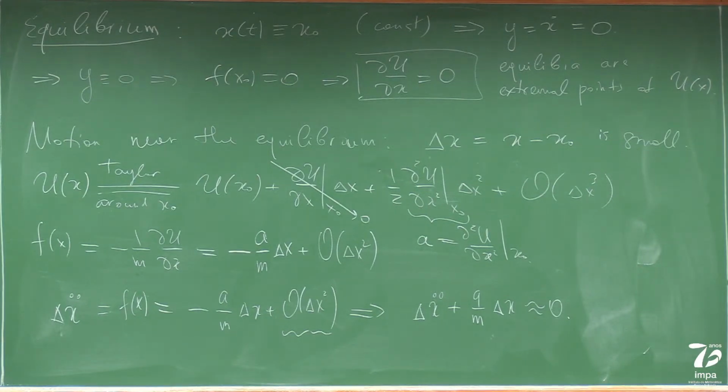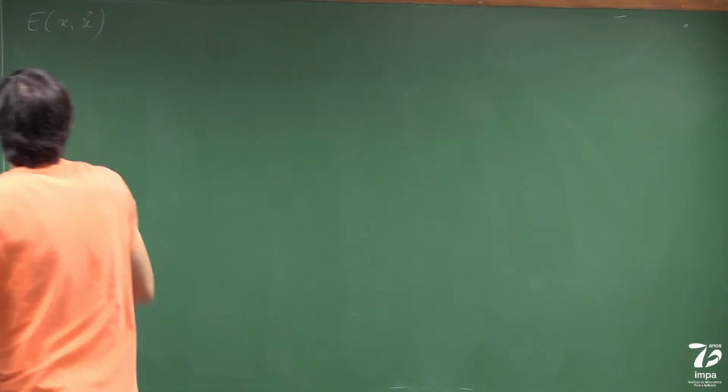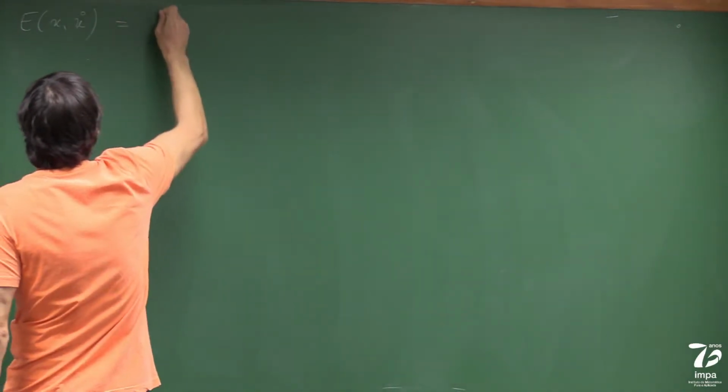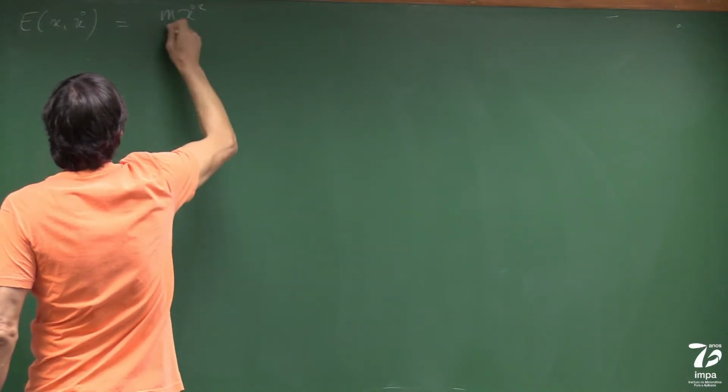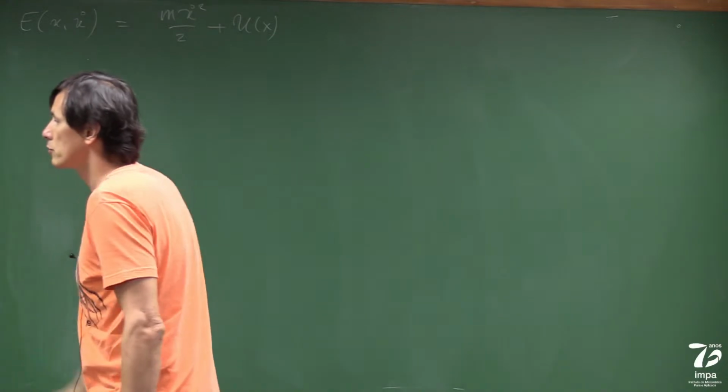And we can do the same with the energy and consider what the energy expression is near the equilibrium. Energy is a function of coordinates and velocities, so it will be m x dot squared over 2 plus u of x, and we use this expression.